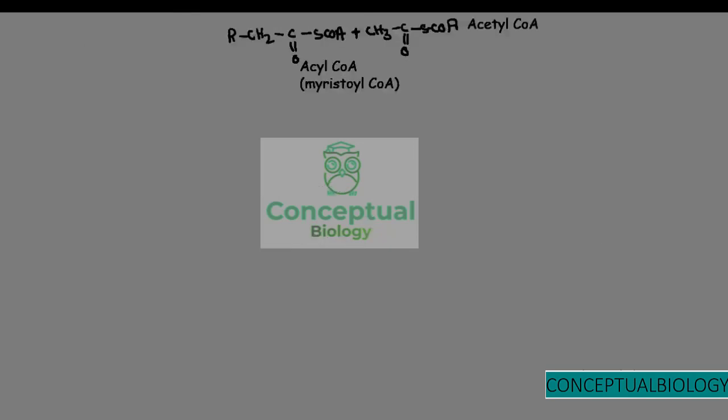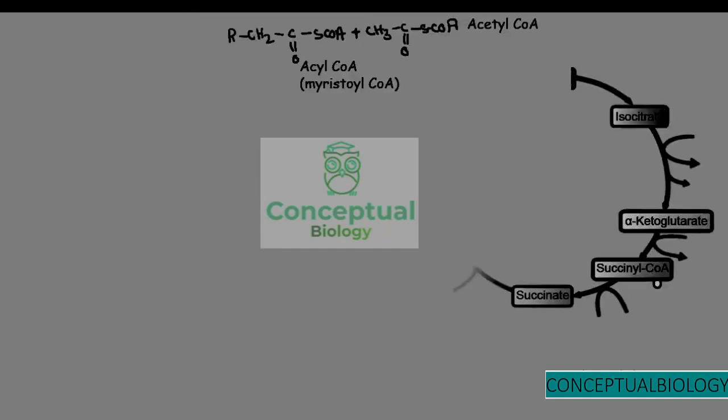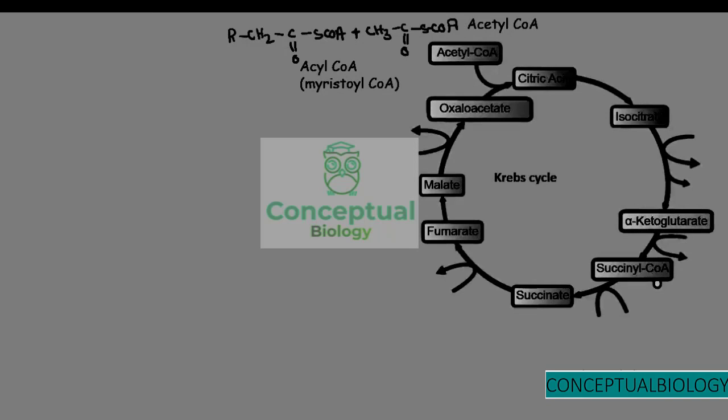Now let's try to understand what happens to this acetyl-CoA, just as an overview. Each time the acetyl-CoA is produced, it can be channeled into the Krebs cycle. Ultimately, in this process of breaking down the fatty acid, several molecules of NADH and FADH2 would be generated, and also the acetyl-CoA which has entered into the Krebs cycle would produce NADH and FADH2.